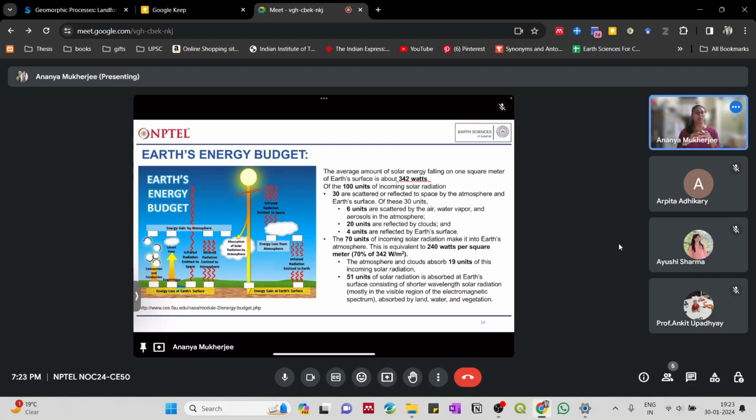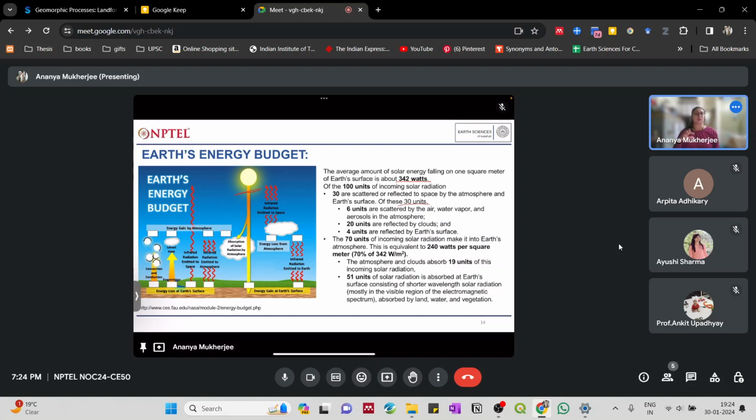Different elements reflect these 30 units: 6 units are scattered by air, water vapor, and aerosols, then 20 units by the clouds present in our atmosphere, and 4 units are reflected by the Earth's surface itself.